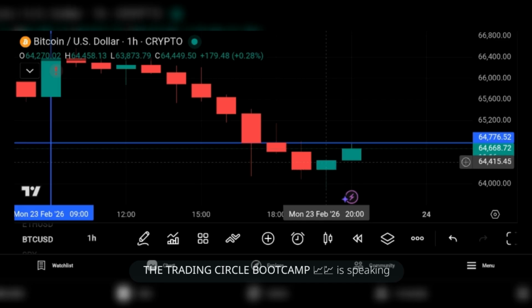And then at this point here again, you name it close. So from your drawing, you will have high, close, open, then low. That is how a bullish candle is formed. Are we clear on that?